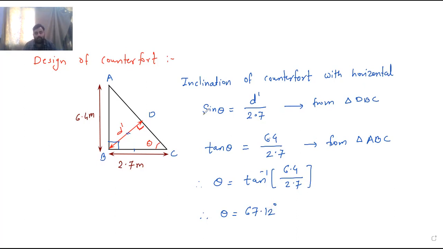This is the value of theta. Now if we keep this value in the equation we got over here, we will get the value of d dash.